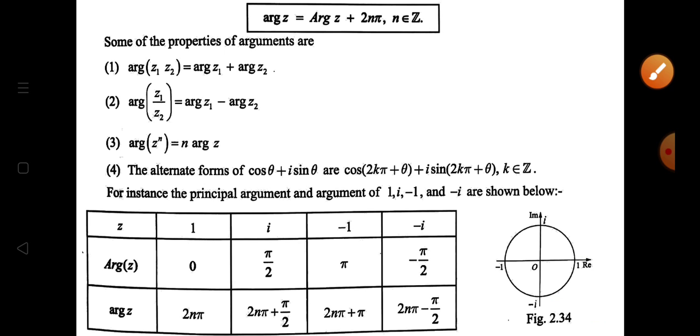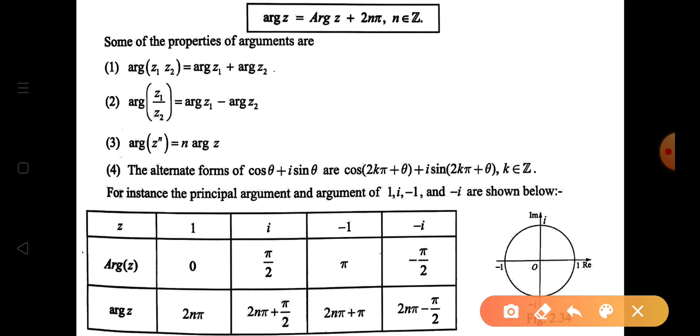and here minus i. How do you write 1? Our argument is 0, so here we start at 0 degrees, and i, the argument is pi by 2, that is 90 degrees. Minus 1 is pi, 180 degrees.